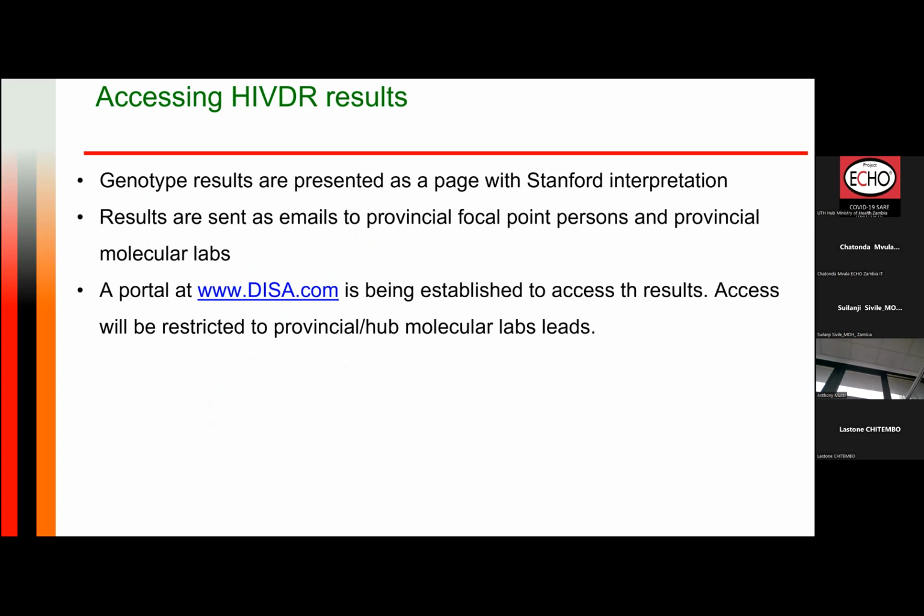I know they haven't been that responsive, but we are trying to establish a portal at www.disa.com, which people can log in to, put the patient details, and find those results. But as you expect, access will be restricted for obvious reasons of confidentiality.